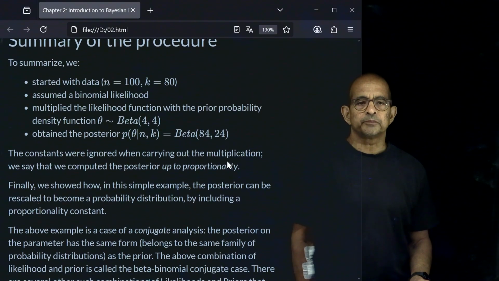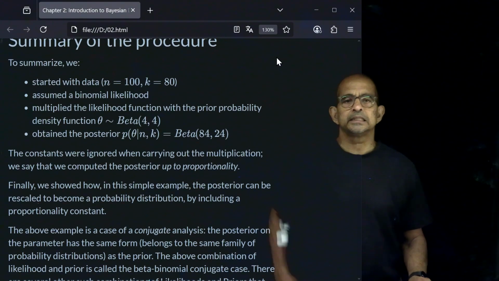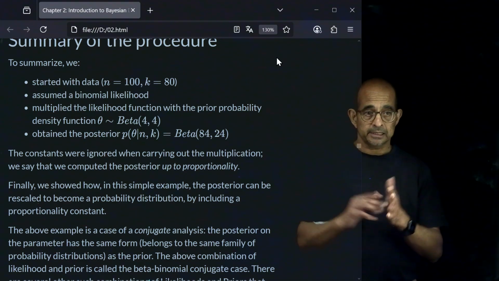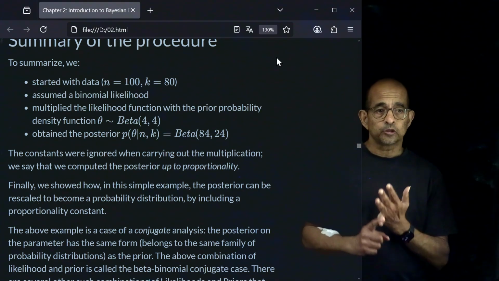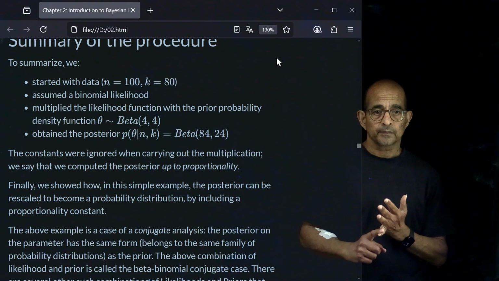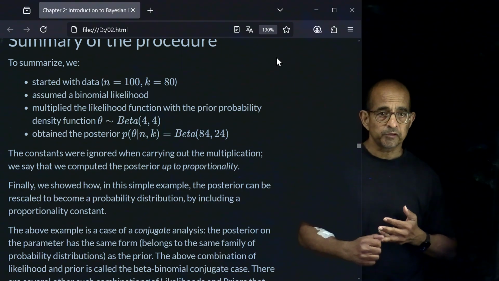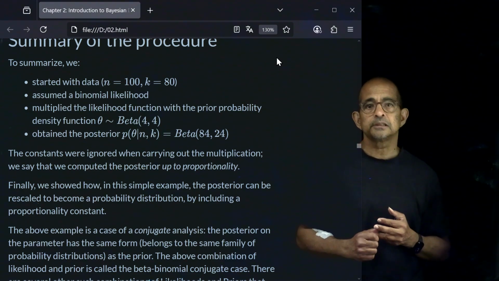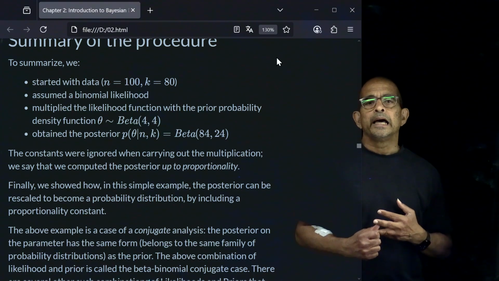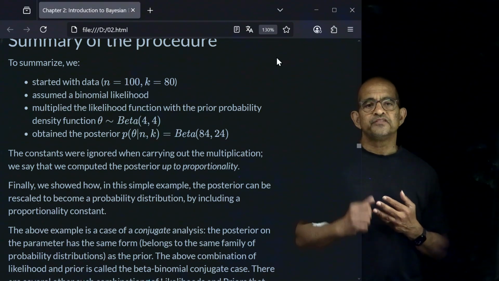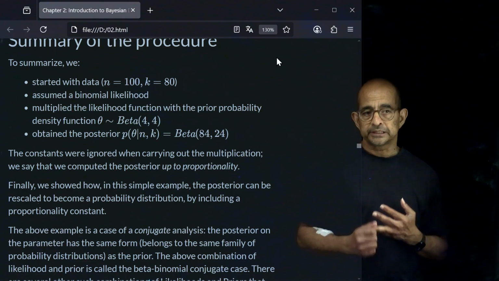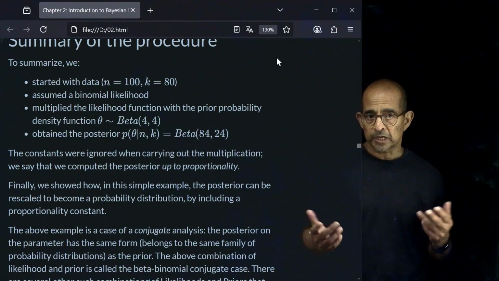So to summarize what we did so far in the beta binomial case: we decided on a binomial likelihood for the particular problem that we were working with, 0-1 responses. And we defined a prior on the theta parameter, a beta prior.